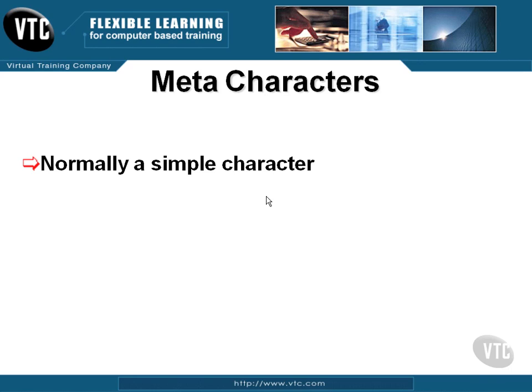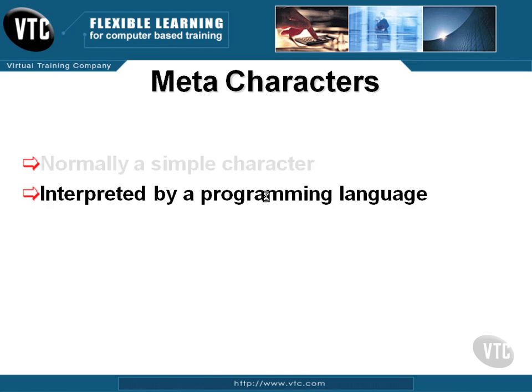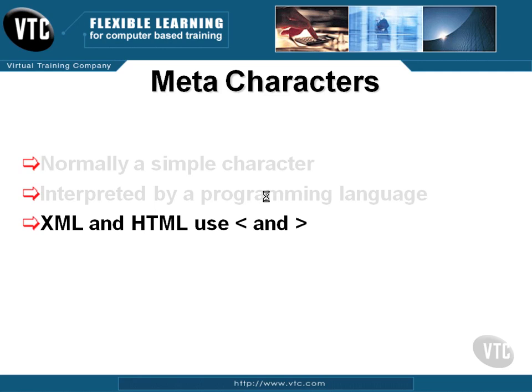It's normally a simple character, and it gets interpreted by the programming language as opposed to just being what it is. A very simple example is the use in XML and HTML of the less than and greater than characters.